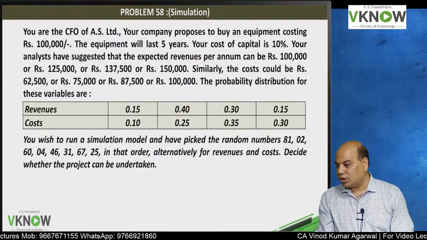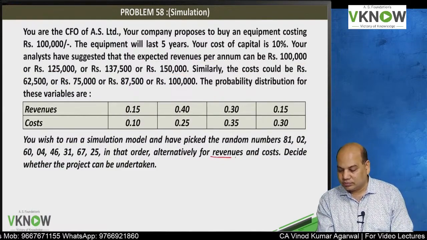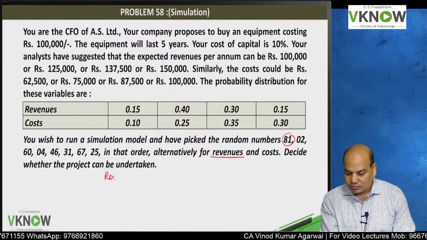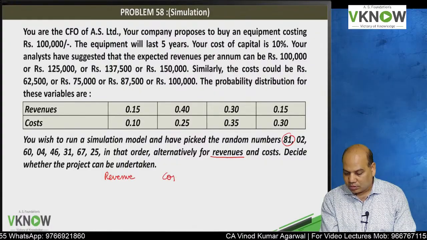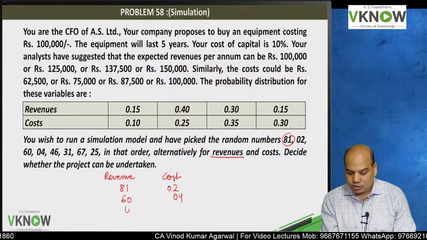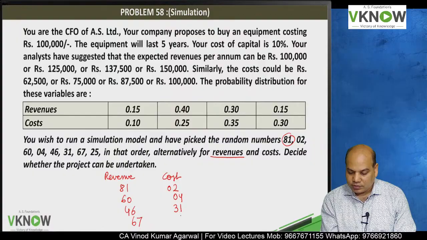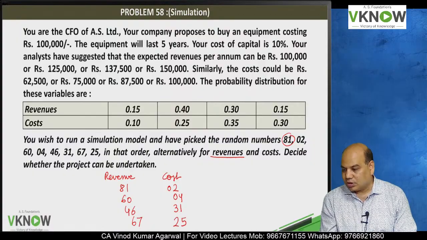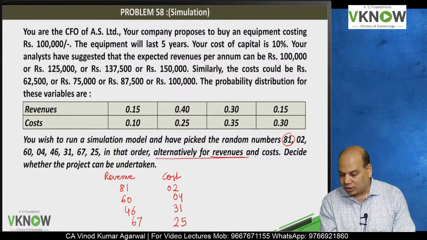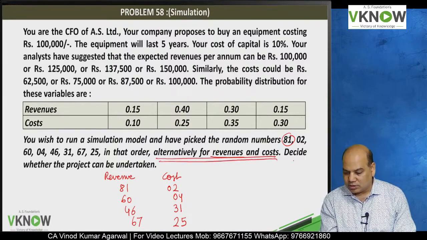What do you mean by alternatively for revenue and cost? It means the first random number 81 is for revenue, second random number 2 is for cost, 64 is for revenue, 46 is for cost, 31 is for revenue, 67 is for cost. These are the random numbers for revenue and cost. If you don't read the line carefully, you may make a mistake.